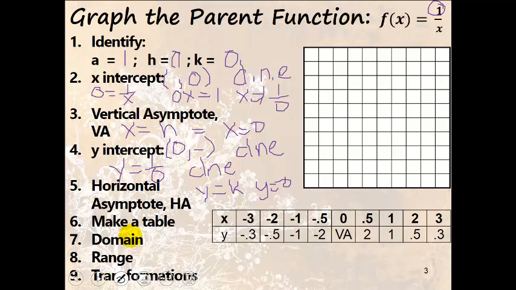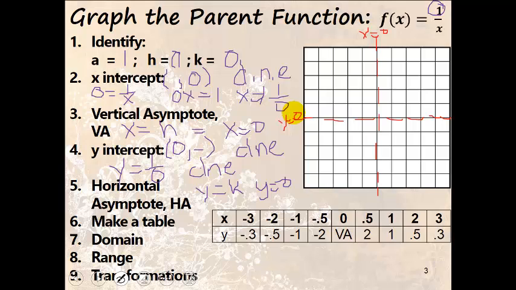They happen to be the axes, so that's why I'm going straight to the red here. Okay, so those are my vertical asymptote and my horizontal asymptote. So this is the line x equals 0, and this is the line y equals 0, okay?